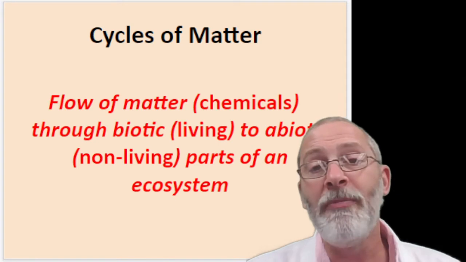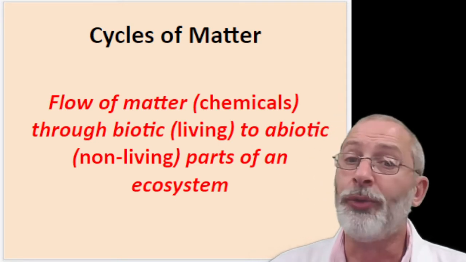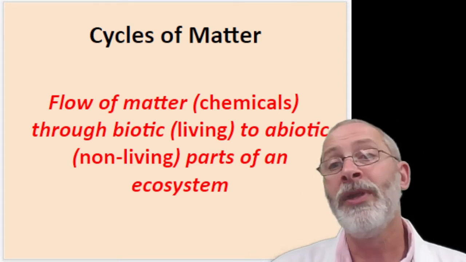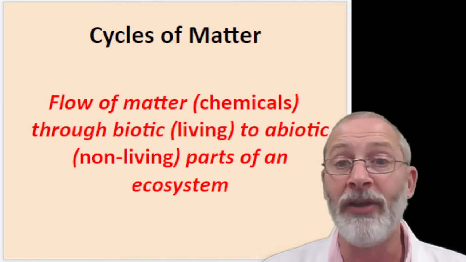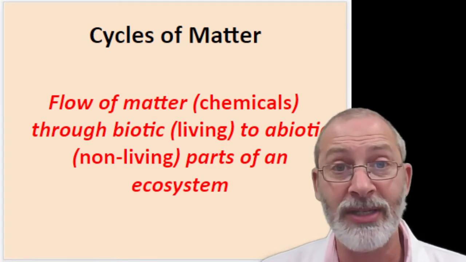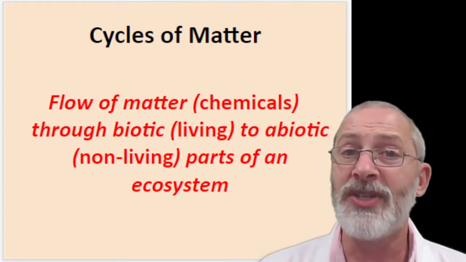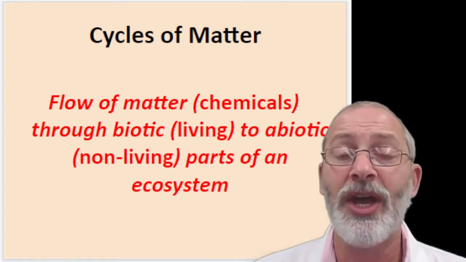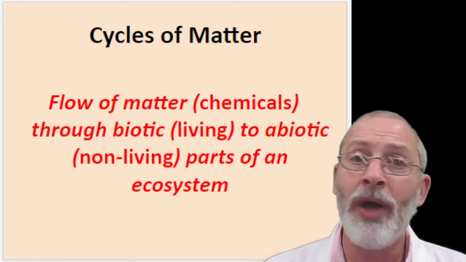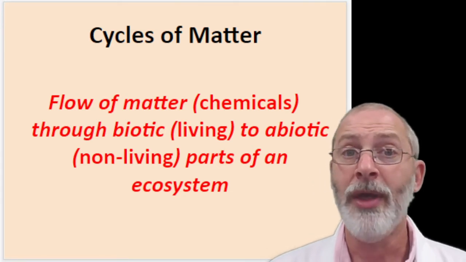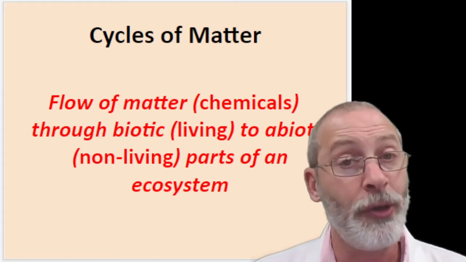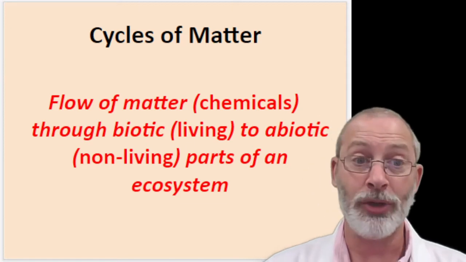And today we're going to be exploring a variety of specific cycles of matter, starting with one that you're probably all familiar with, but moving on to ones that you're probably much less familiar with.